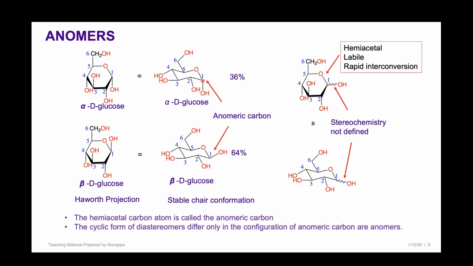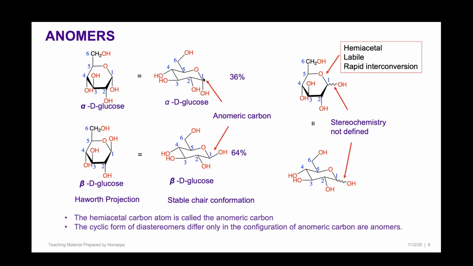Particularly, this carbon is a hemiacetal, because there is still a hydroxyl group that can be functionalized. You can convert it into an ether. So this hemiacetal group is very labile, and this leads to rapid interconversion of sugars when you dissolve them in water.